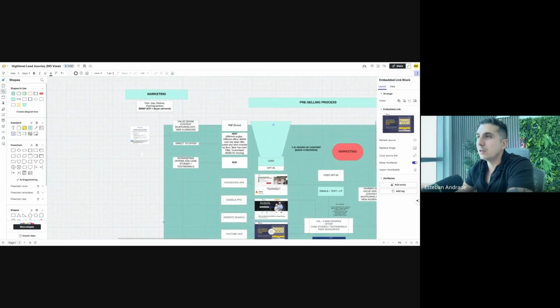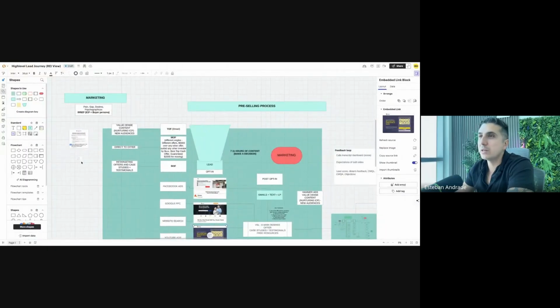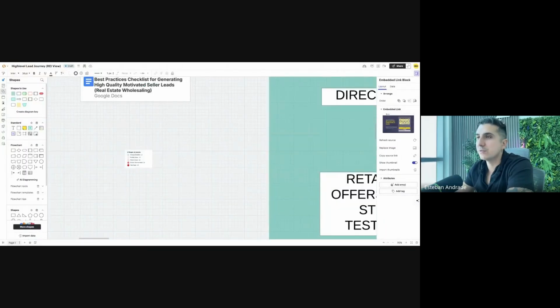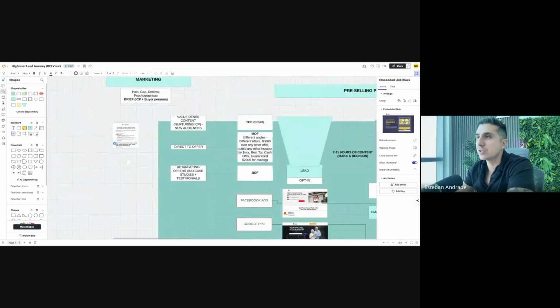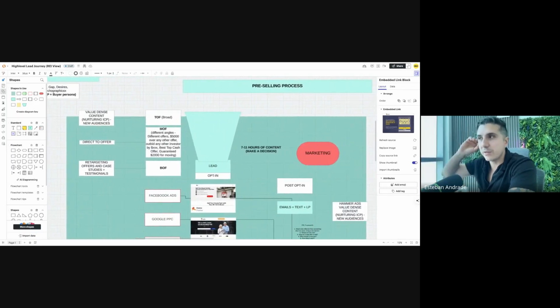We really don't know what the level of intent or level of awareness these individuals have, right? So we gotta be able to qualify that. We gotta be able to understand that level. We gotta be able to score the leads where they are. And the only way to do it is really to understand based on the questions that they're actually answering to us, all right?